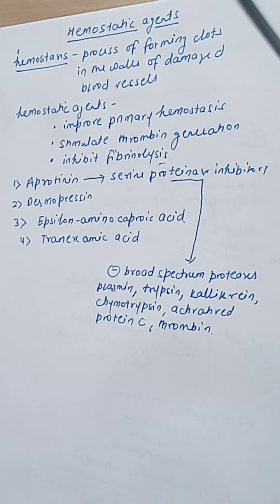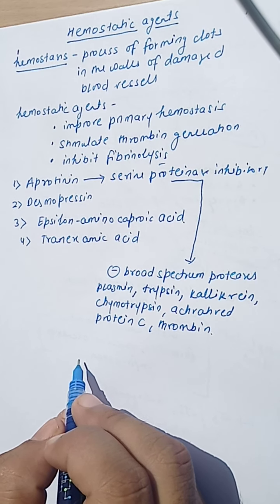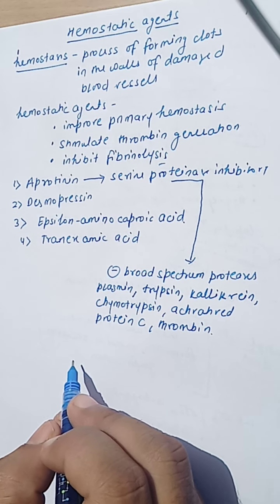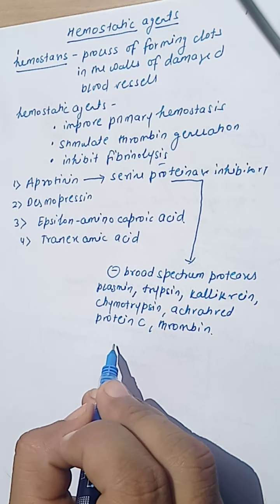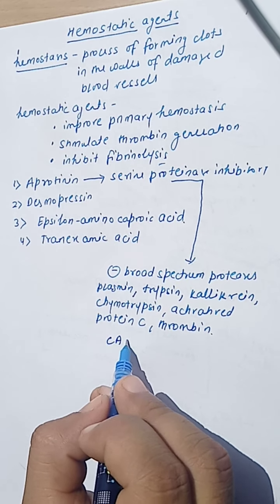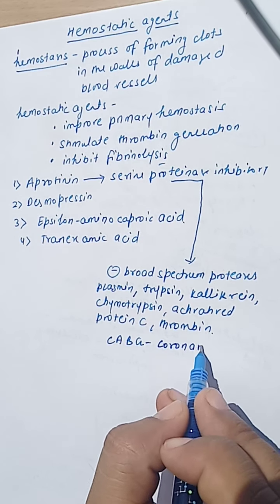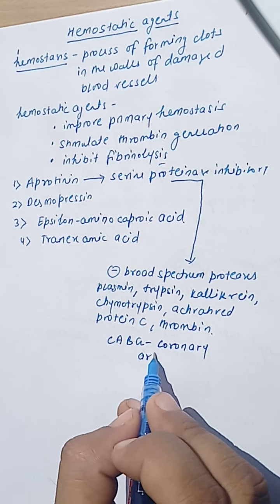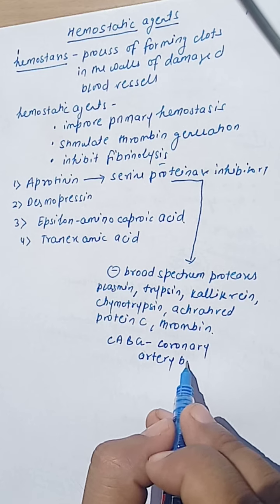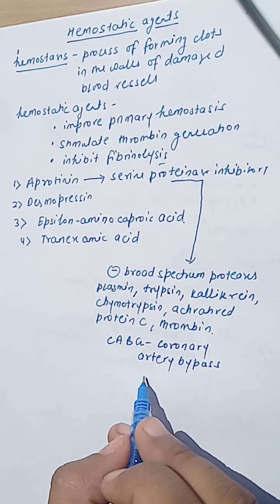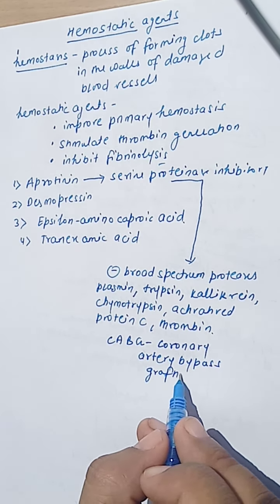So aprotinin is used to reduce blood transfusion in CABG, that is coronary artery bypass grafting. During that procedure it's useful.